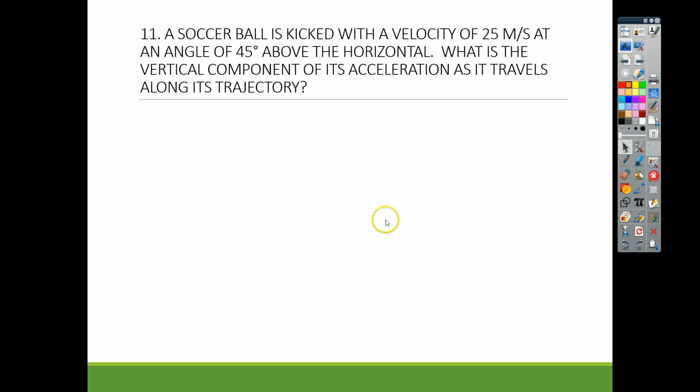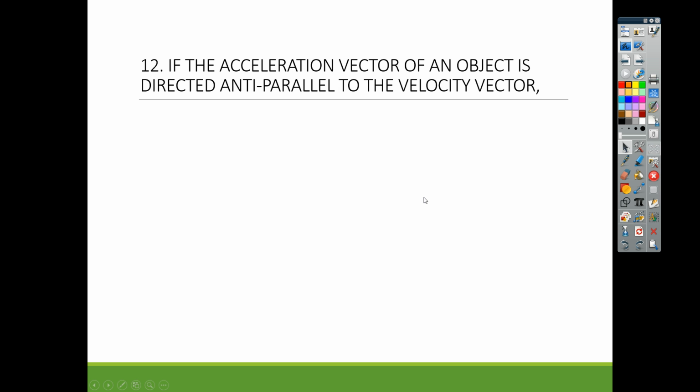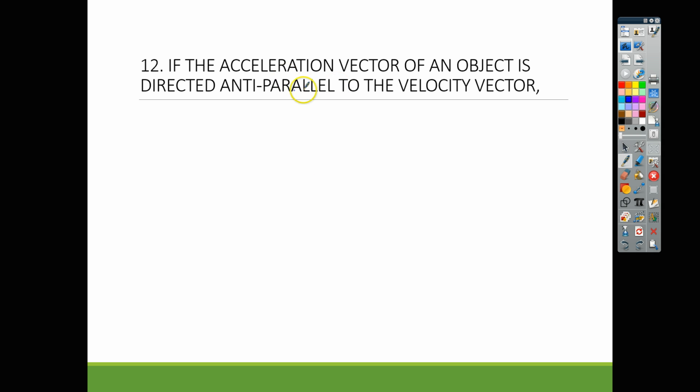Let's go on to number 12. Number 12 says, if the acceleration vector of an object is directed anti-parallel to the velocity vector. So lots of big words that don't mean much here. If we have something moving in this direction and it has a velocity v, and we take an acceleration vector and make it go in the other direction, we're calling that anti-parallel.